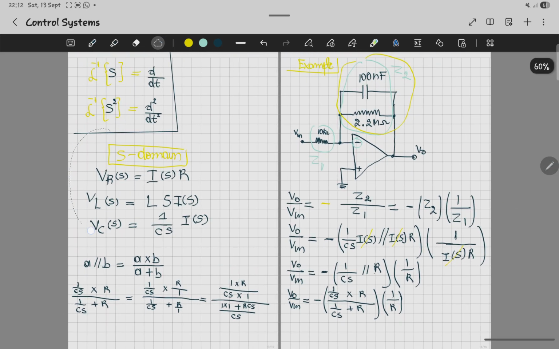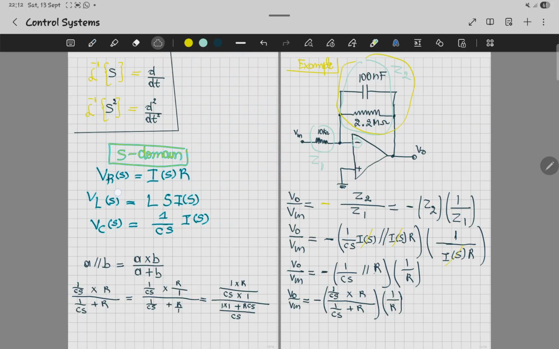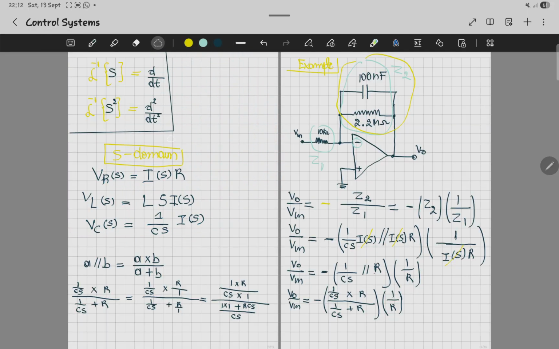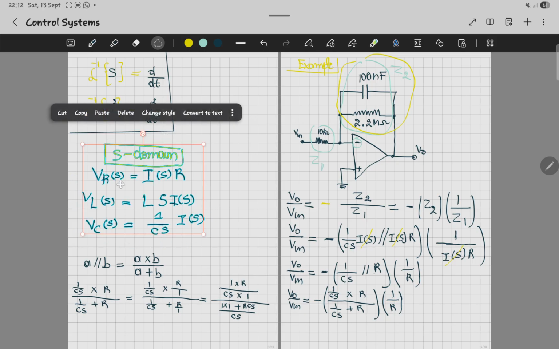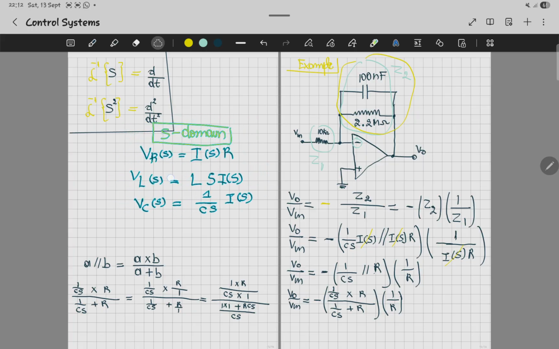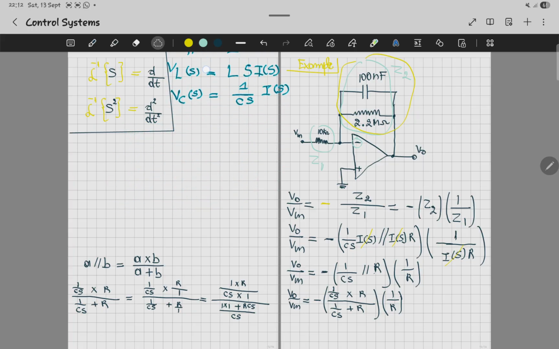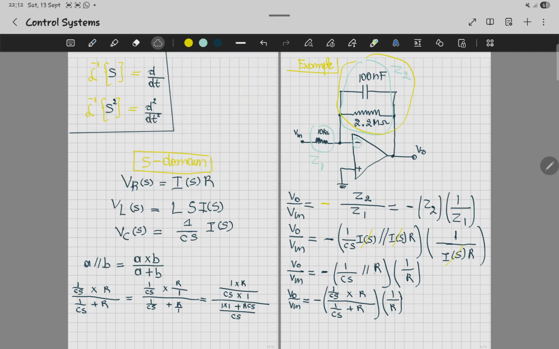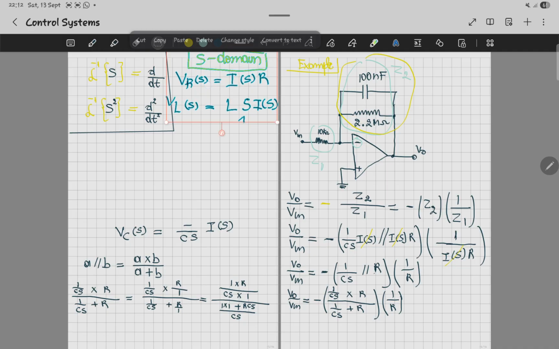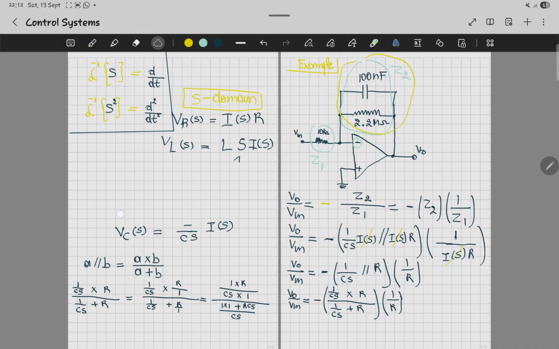I can even move this one. Okay, even there, I think I'm going to have space.